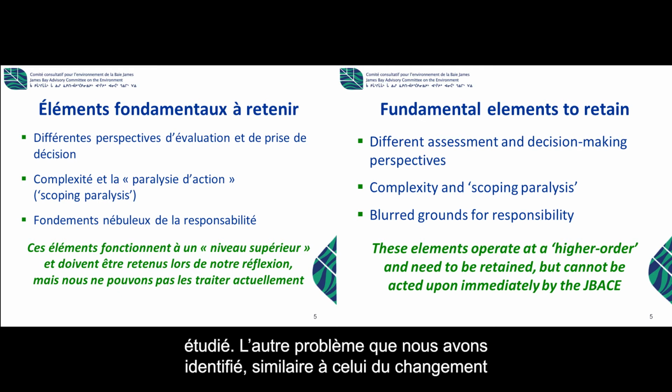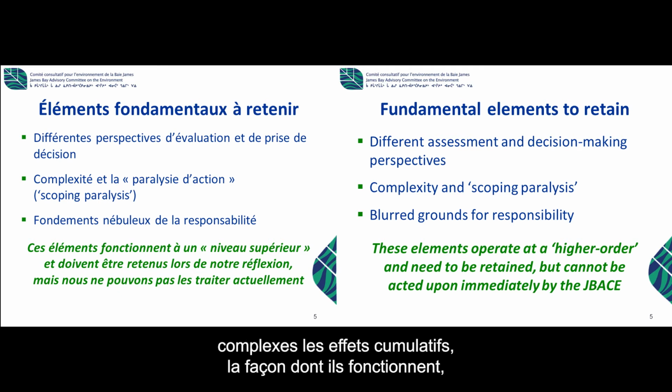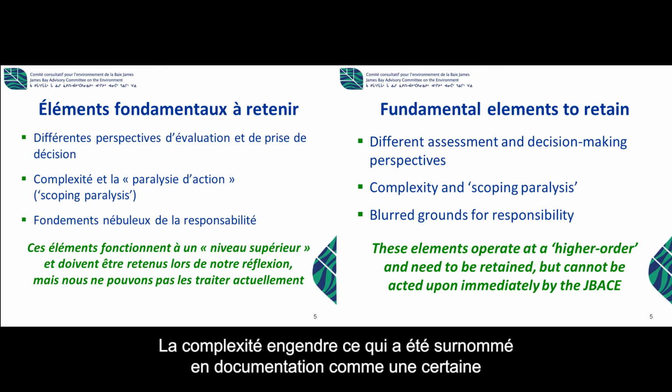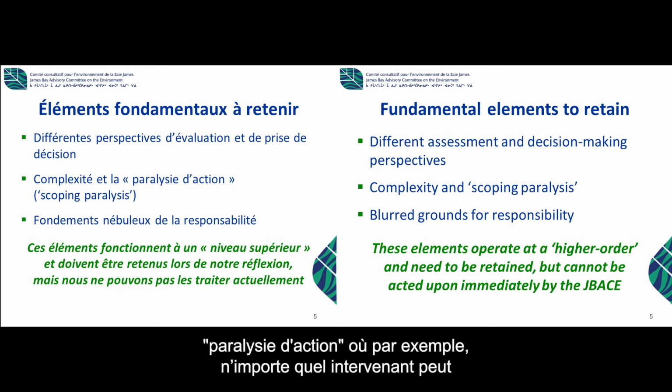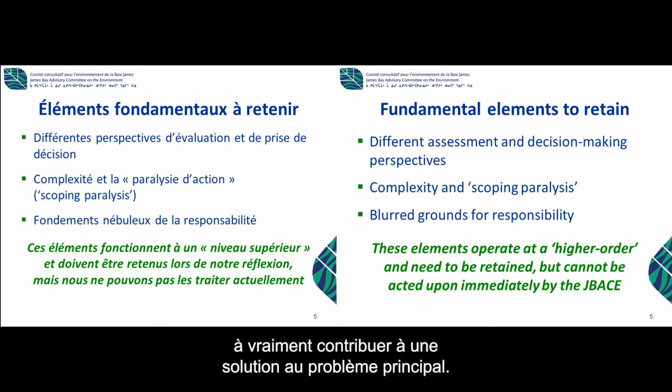The other issue that we see, and it's similar to the issue that we have with climate change, is simply the scope of the issues. These are complex issues. Cumulative effects, the way they operate, the way we assess them, and the way we try to manage them is a complex issue. And complexity breeds what has been coined in the literature a certain amount of scoping paralysis, where any one actor might find it rather difficult to do something that could really contribute to a solution for the main problem.